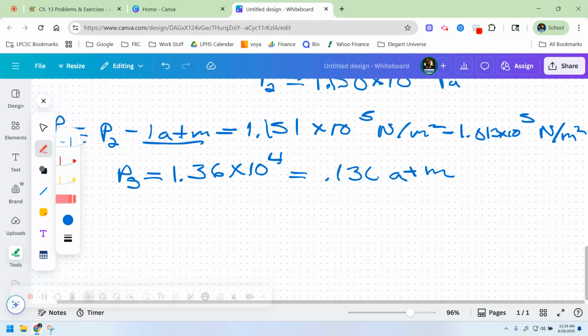And then if we do this exact same thing with PG prime, that would have to be P2 minus 1 atmosphere.